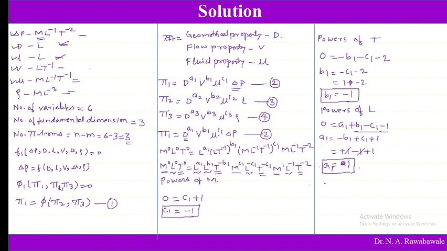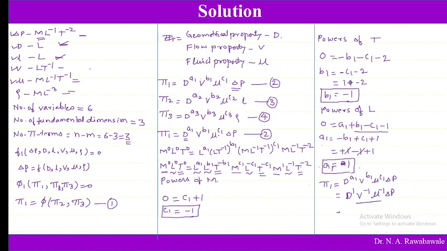So now pi1 term can be written again as d to the power of a1, v to the power of b1, mu to the power of c1, delta p. So d to the power of a1 means d to the power of 1, v to the power of b1 means minus 1, mu to the power of minus 1, delta p.